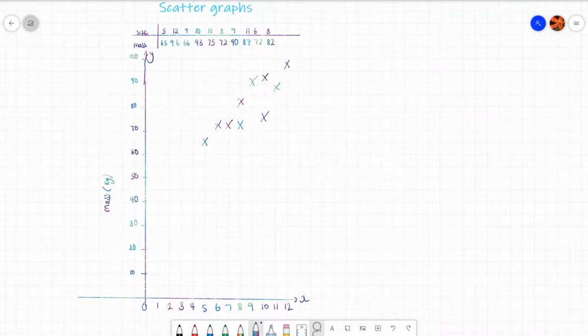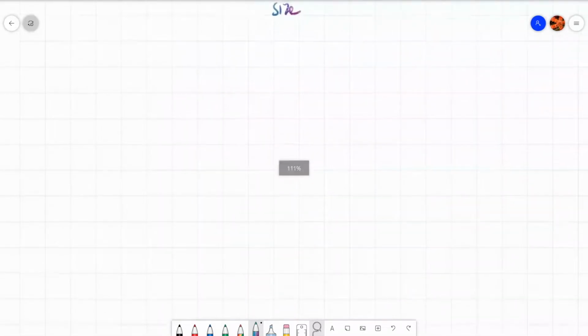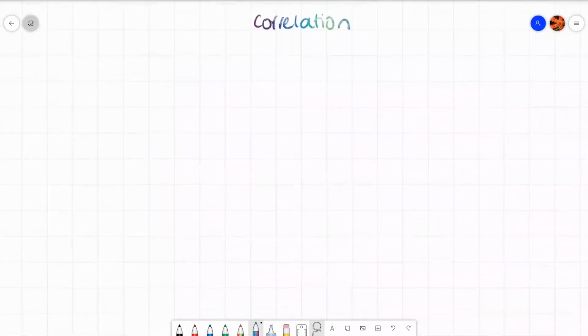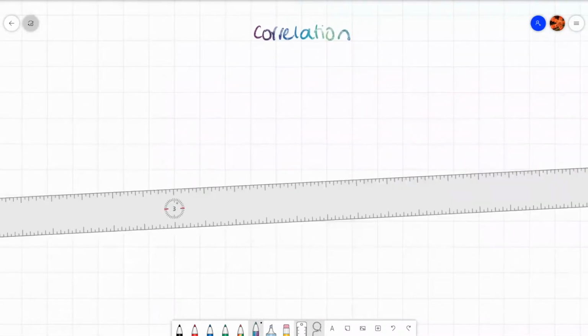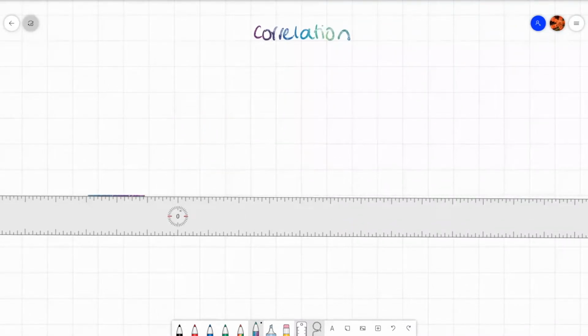Now there are a few things that we need to know about a scatter graph, so let's have a look at some of them. You will be asked about correlation. There are 3 types of correlation. So I'm going to draw 3 small graphs here to just demonstrate what a correlation is.